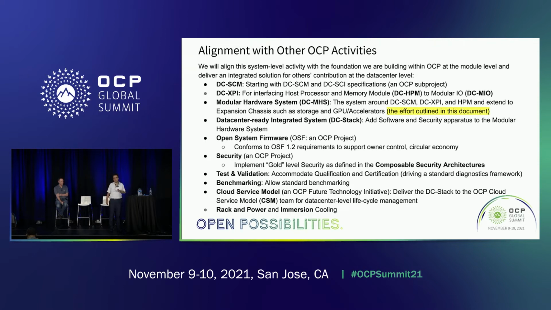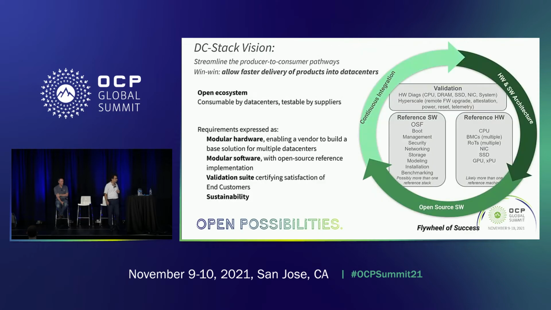One other aspect that you guys have heard, sustainability is important. So this year, we're going to focus on that as well. Suggestions have been that immersion cooling will help with sustainability. So as we come up with a specification for modular hardware system, we will follow the guidelines that OCP team has created for material compatibility, as an example.